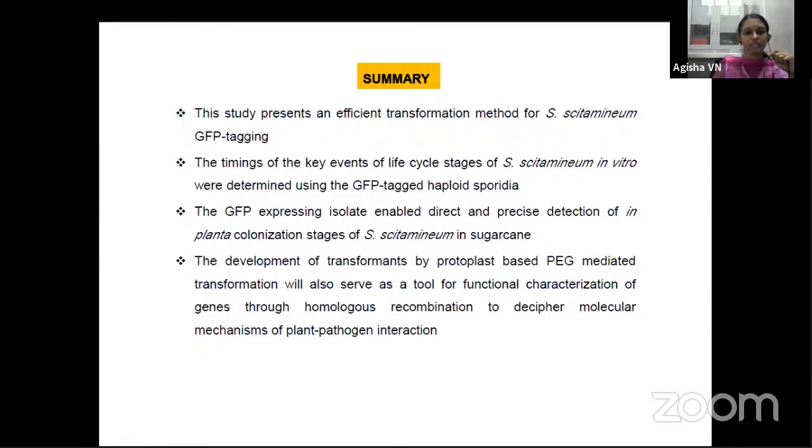The timings of the key events of life cycle stages of S. scitamineum in vitro were determined using the GFP tagged haploid sporidia. The GFP expressing isolate enabled direct and precise detection of in planta colonization stages of S. scitamineum in sugarcane. The development of transformants by protoplast-based PEG-mediated transformation will also serve as a tool for functional characterization of genes through homologous recombination to decipher molecular mechanisms of plant pathogen interaction.